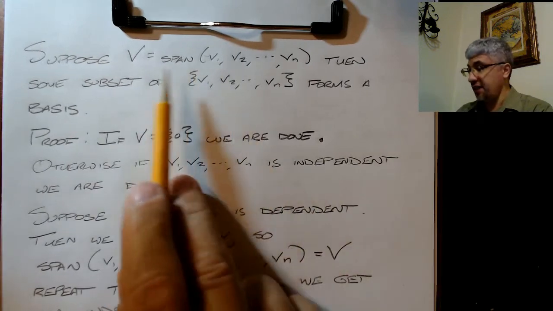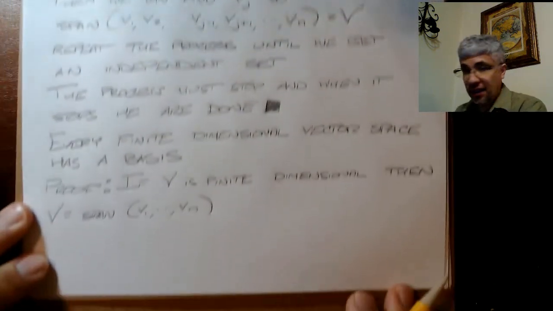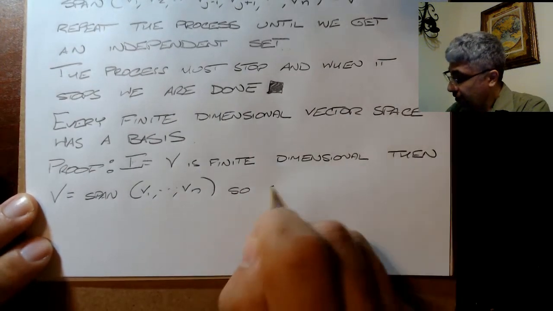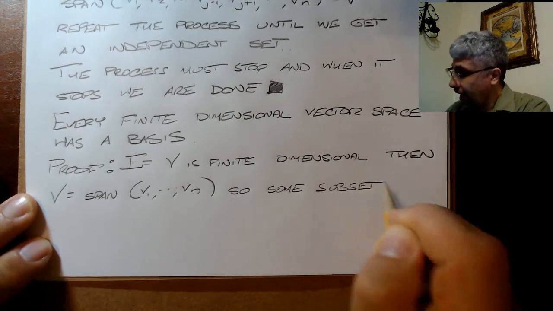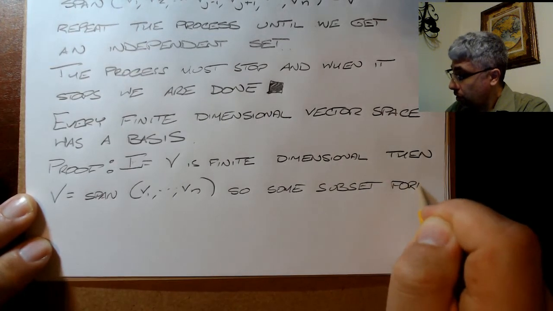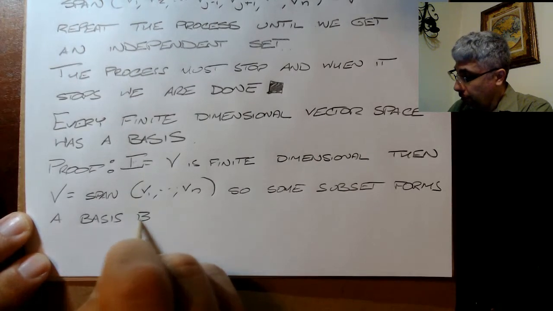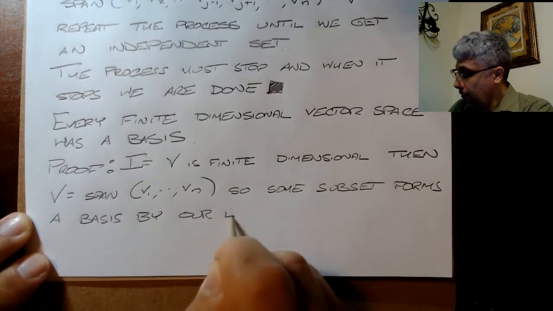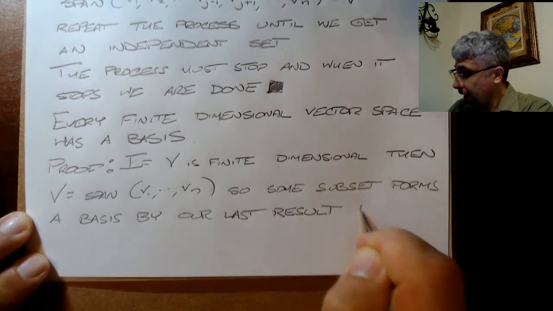Well, I know if V is the span of V1 through Vn, then some subset forms a basis. So some subset forms a basis by our last result. So it has a basis.